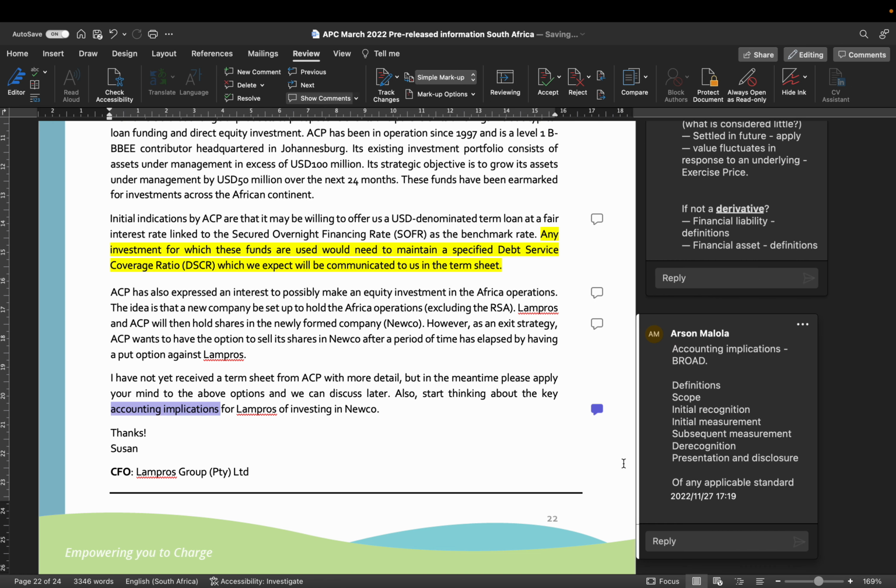Okay, so always be extremely cautious about this. And to be completely honest, this would also scope in deferred tax, because IAS 12 is an accounting concept. So accounting implications would even scope in deferred tax. So it's an extremely broad trigger that we have here.